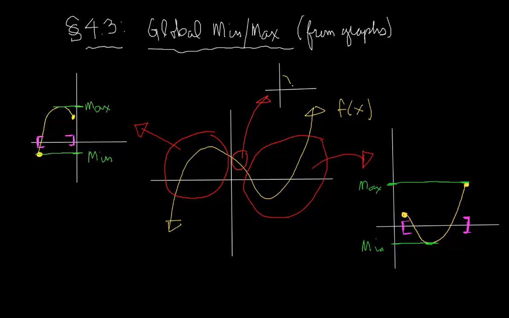What you'll notice here in this third picture that I'm drawing is that there are no peaks and troughs, there are no places inside this interval where the function has a derivative of 0. So there are no relative mins and maxes inside this purple interval. Whenever I draw those purple intervals, I really mean all the points just in between.